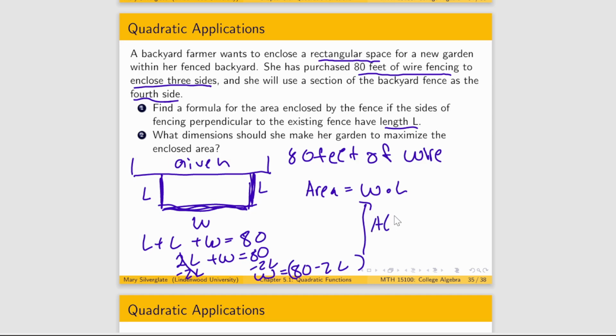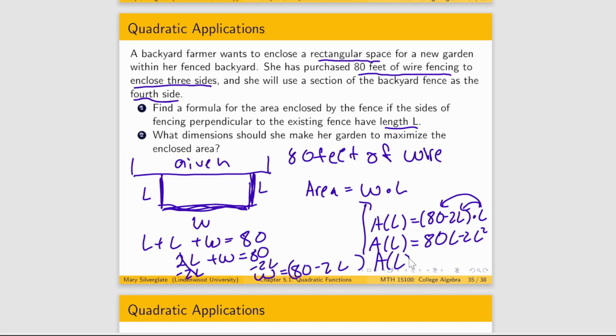So I have the area, entirely written in terms of L, as 80 minus 2L, replacing W with 80 minus 2L, times L. And eventually I'm going to want this as an actual quadratic, so I want to distribute the L to both of these. So the area, written in terms of L, is 80L minus 2L squared.